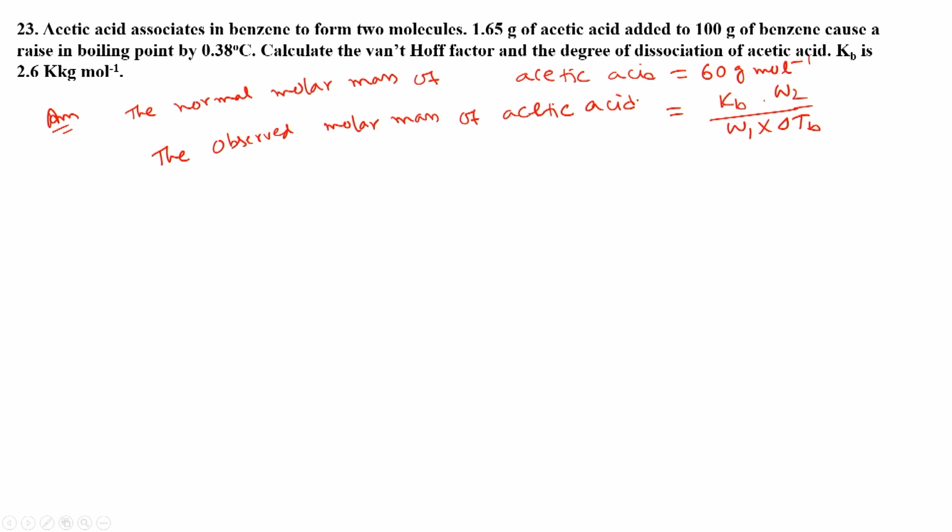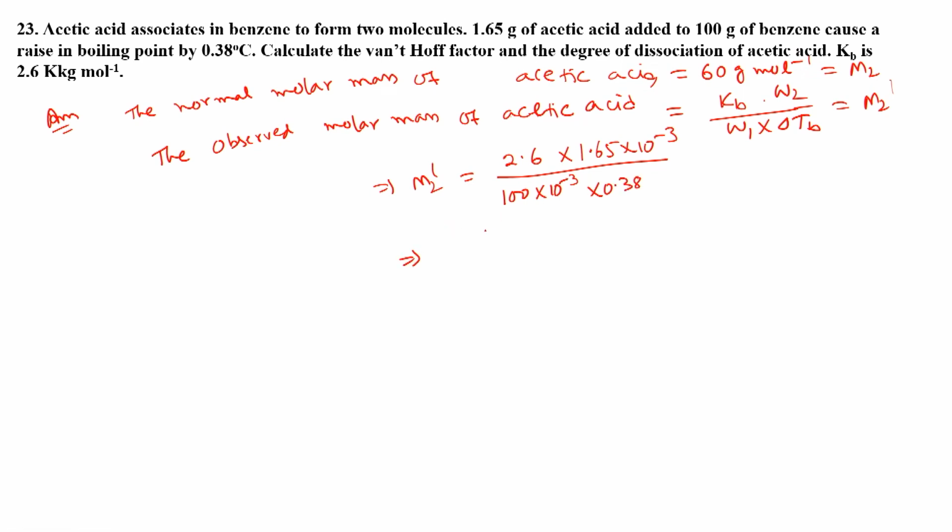Okay, so if we say this is the normal molar mass of acetic acid, M2, and this is M2 prime, so M2 prime is, value of Kb is 2.6, and then W2 is 1.65 grams, so 1.65 times 10 to the minus 3 in kg unit, in SI unit, and value of W1 is given, so 100 gram means 100 times 10 to the minus 3 in SI unit, and delta Tb is 0.38.